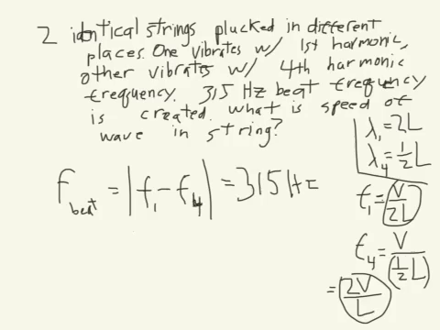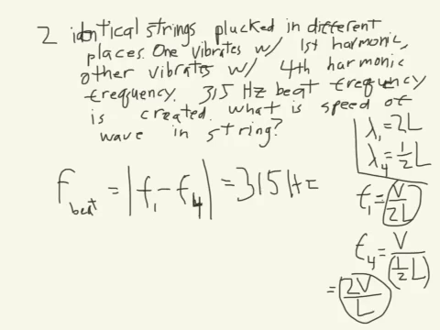In this case, this is the fourth harmonic. There could be a beat frequency between any two frequencies. So this equation for beat frequency is usually given as F1 minus F2, but in this case we'll call our variable F4.